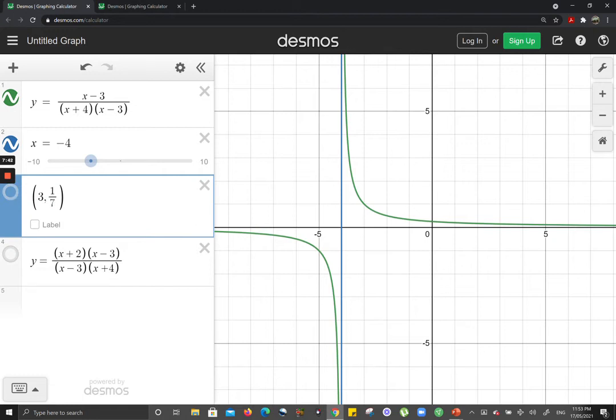It's just a location, but there is a hole that creates a gap, and so it creates a split in the graph of the function because that point is undefined. Let's have some more examples.